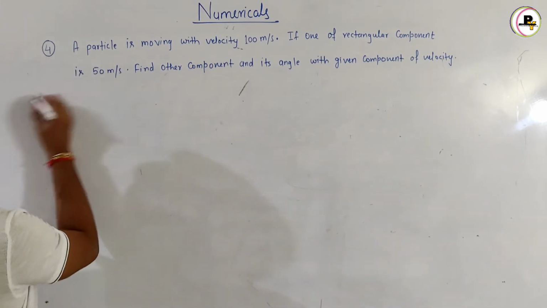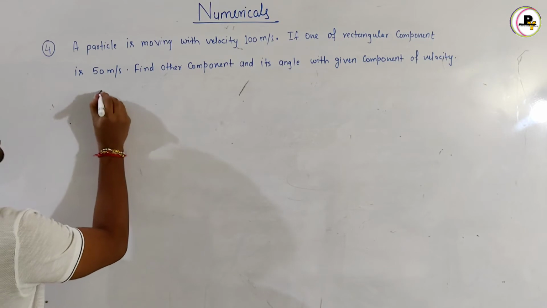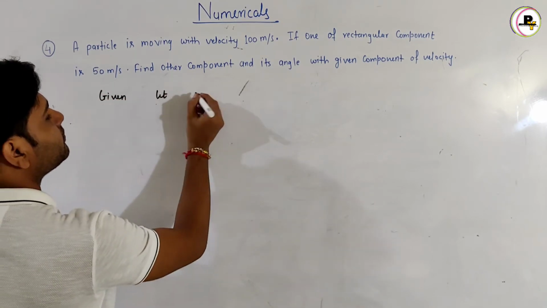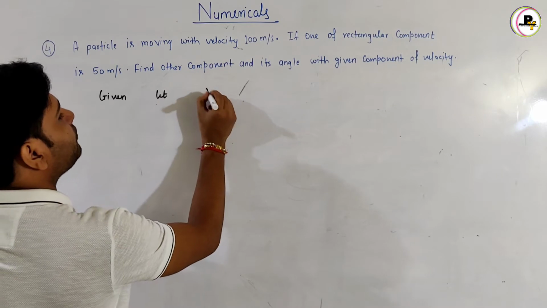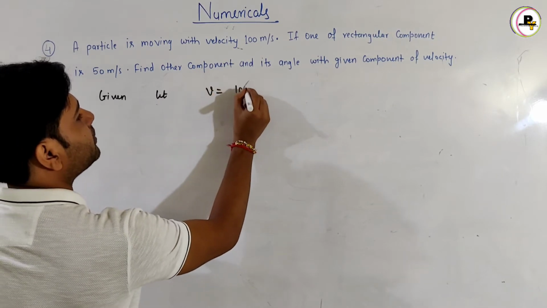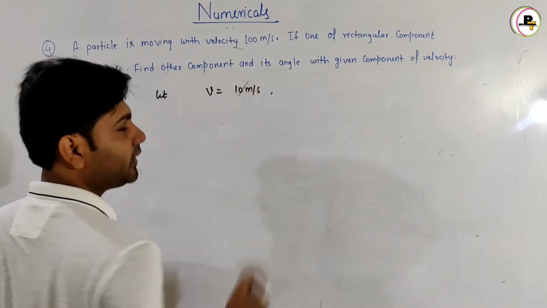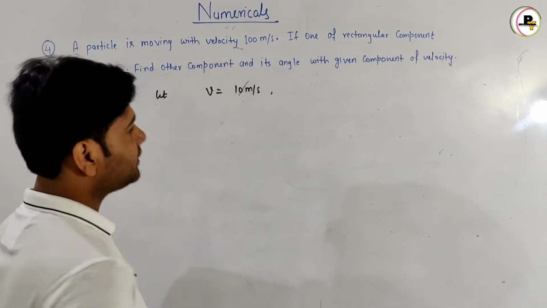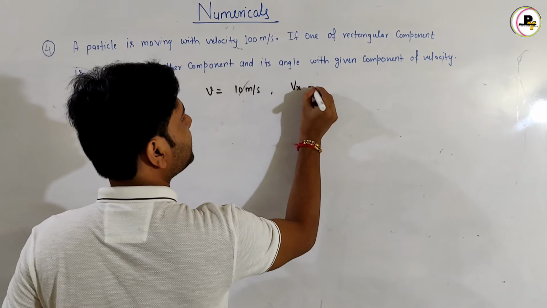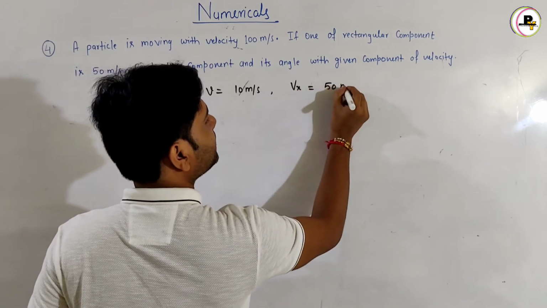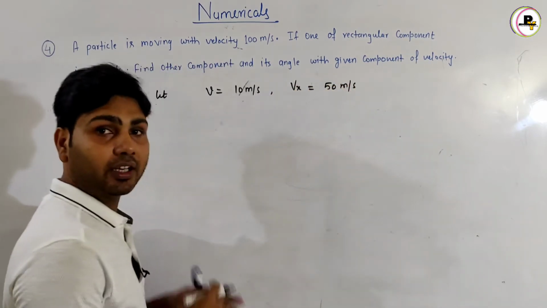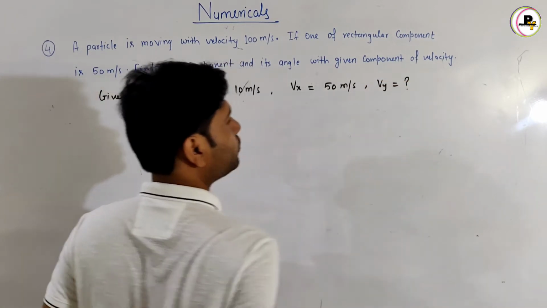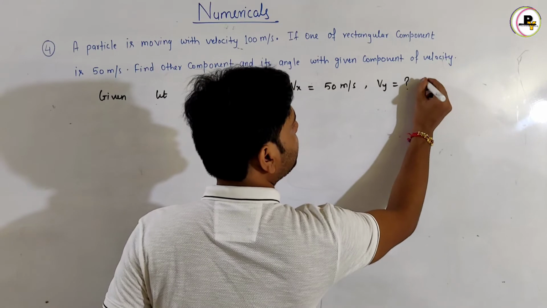So suppose we have given v equals 100 meter per second, and let me have given its x component, that is vx, and this is equal to 50 meter per second. So we have to find the other component, that is vy, and also we have to find theta.